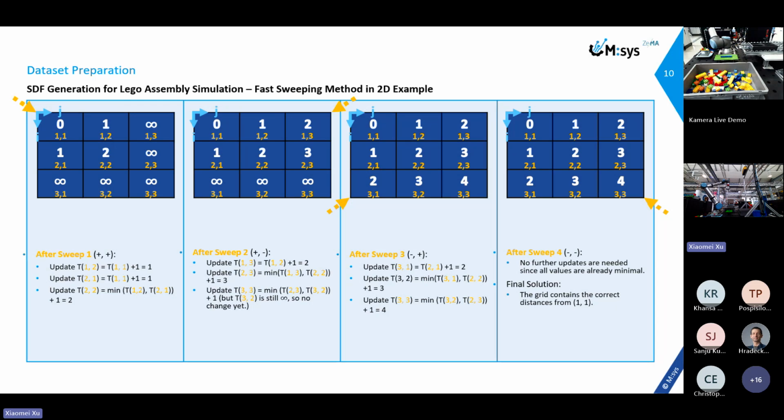As the sweeping proceeds, subsequent updates affect T13 and T23, while T33 remains unchanged, since T32 is still infinite. The third sweep propagates updates through the third row's values. By the fourth iteration, convergence is achieved, as all the values have reached their minimal possible values and require no further update.